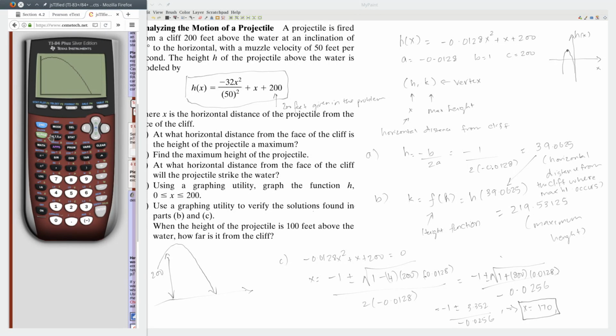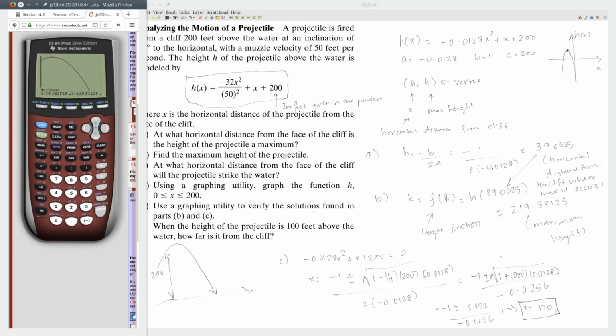Now we could verify these solutions. We could find the maximum by pressing second trace, select number 4. I'd like to find a left bound of the maximum, so I'll set it over there. Then I'm going to give it a right bound, set it over there, and I will hit guess, and that's going to give me the maximum location, and you can see the maximum is at 39.0625.